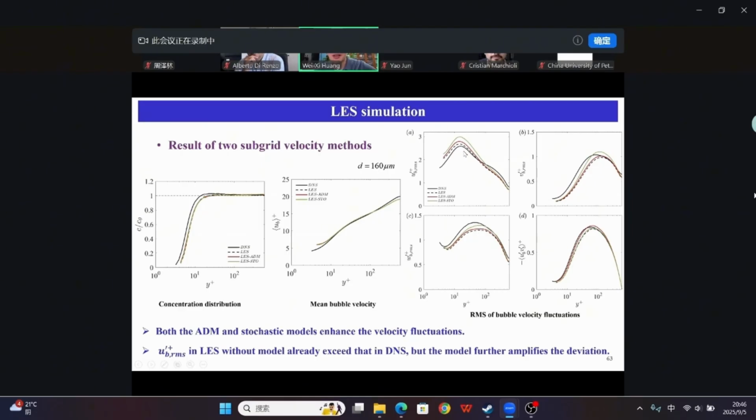So this means that all these models don't improve the anisotropic behavior, because here U is over predicted, but V and W are under predicted. So we'd like to propose an anisotropic model to reduce this kind of anisotropy.